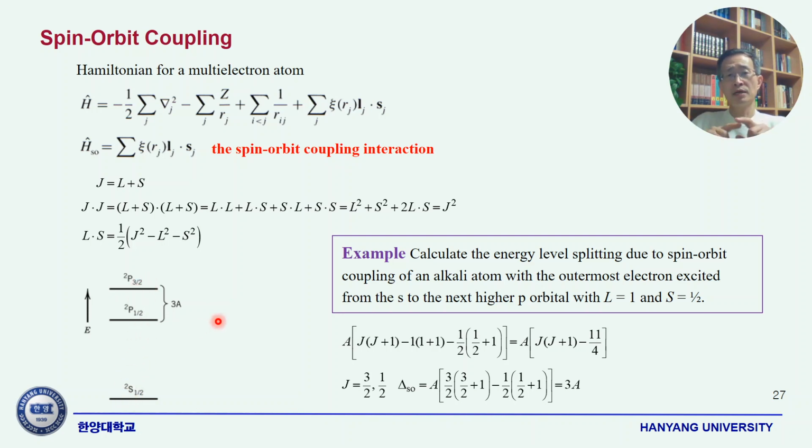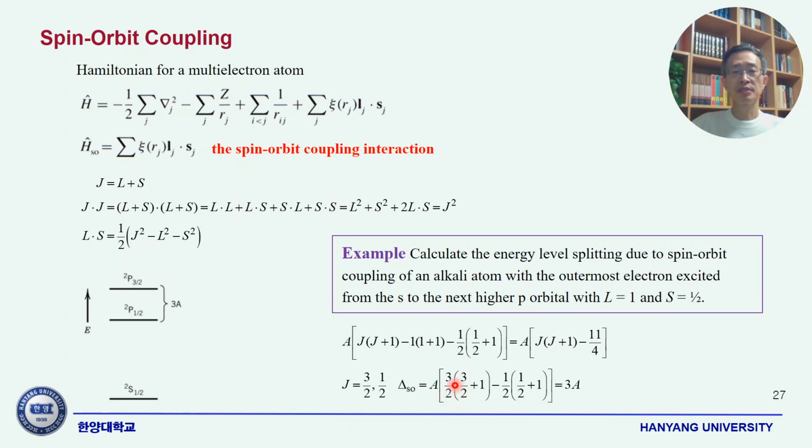So in this transition, instead of a single line for an S to P transition, you would have 2 lines, because both are allowed transitions. It's a kind of fine structure in your atomic spectrum. So J could be 3/2 and 1/2.